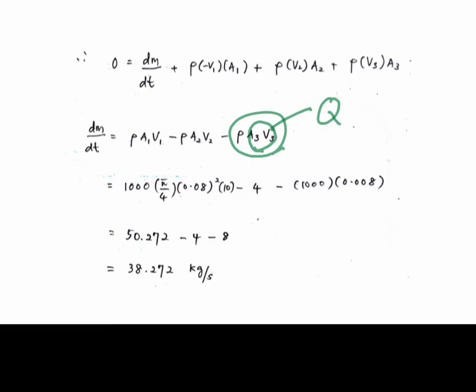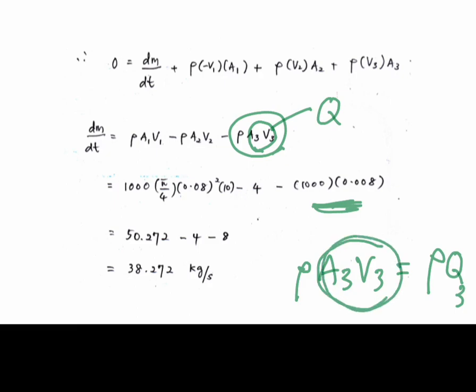So to calculate the control surface effect on the third outlet, we could use the equation rho A3 V3, or it is equal to rho Q3, because Q here means A times V, which is the continuity equation. Then we substitute all of these. So we found that dm/dt is 38.272 kilograms.